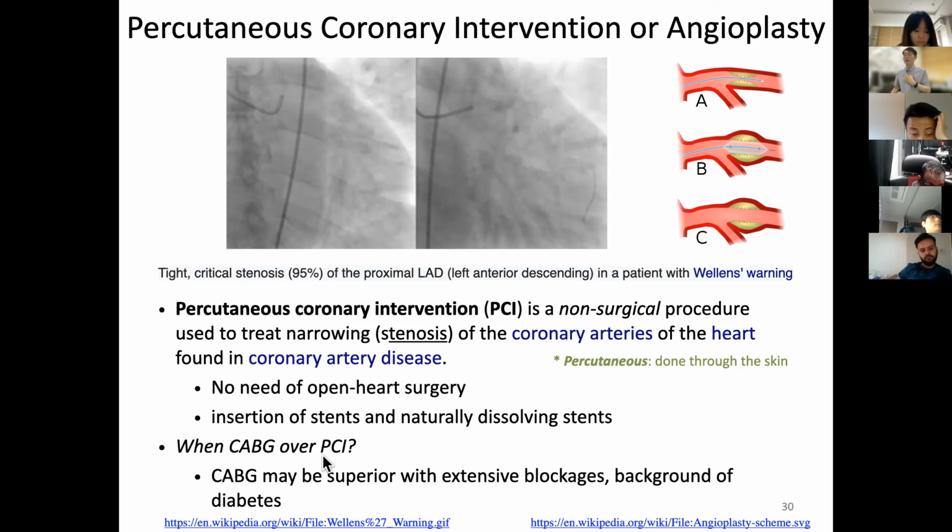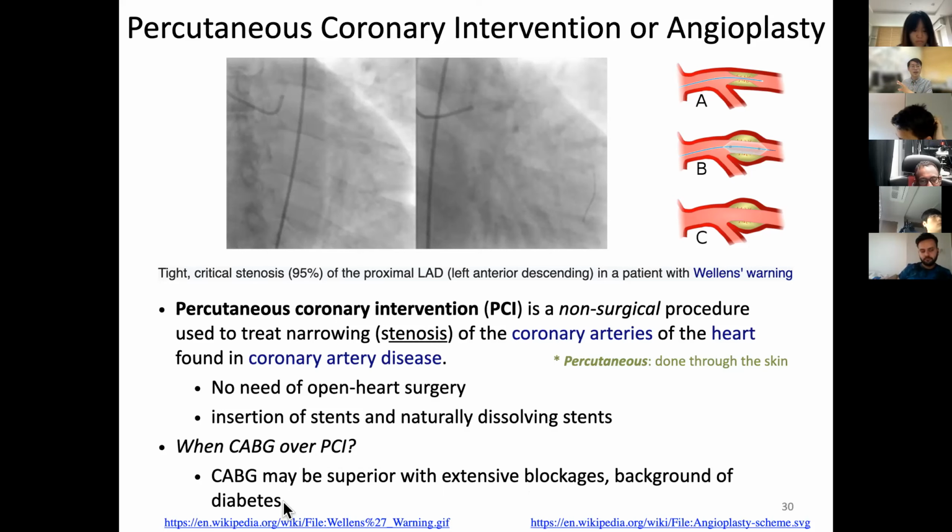And this we call PCI versus CABG. CABG is when we have to open the heart, maybe for extensive blockage which does not allow a stent to resolve it, or a background of diabetes. Diabetic patients usually have a lot of vascular issues, so the vessels may have a higher risk of problems.